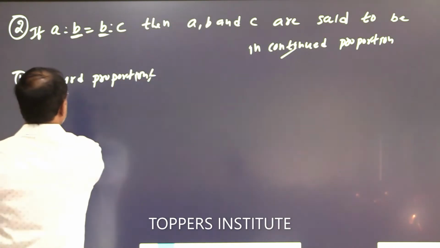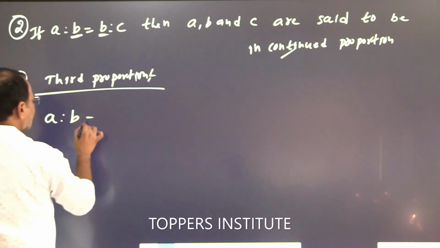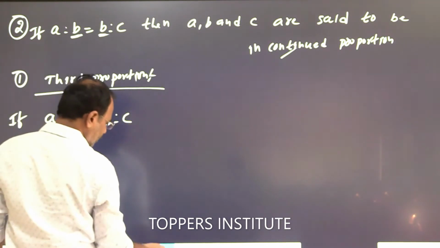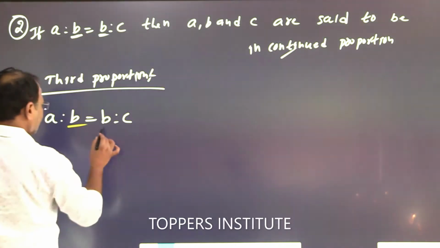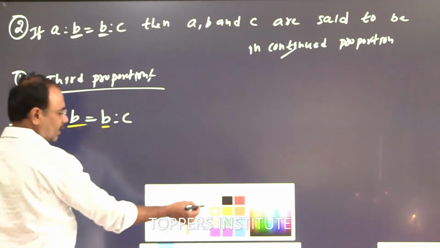Then what is third proportion? If A is to B is equal to B is to C, what do you observe? Means are same. So this proportion is what? Third continued proportion. This proportion is continued proportion.